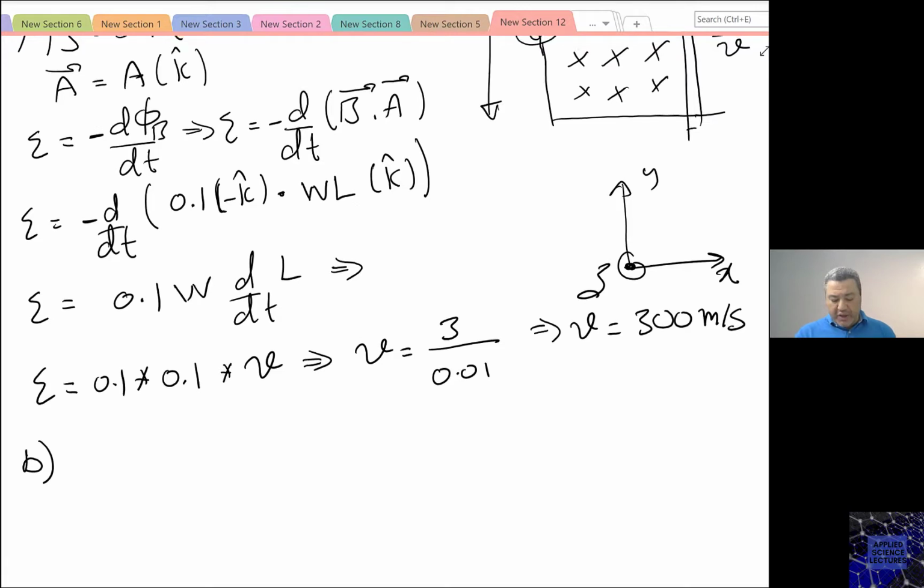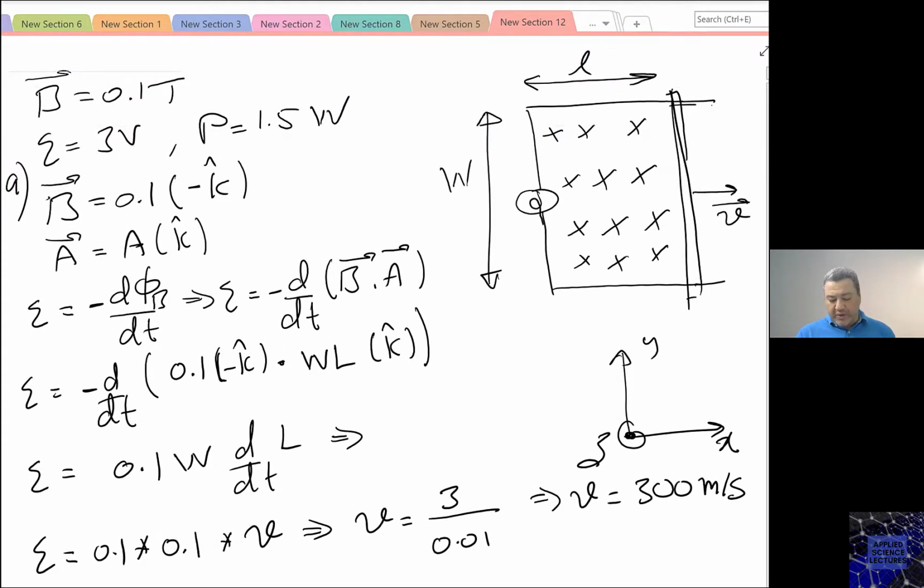Okay, so now we will apply Lenz's law in order to find the direction of my induced current. Now, I have the magnetic field pointing into the page. With this bar moving to the right, the flux would be increasing. If the flux is increasing and the direction of the magnetic field is my positive direction, then I will point my thumb in the opposite direction of the magnetic field, and then my fingers are going to give me the direction of the current.